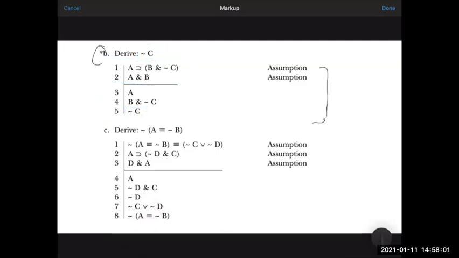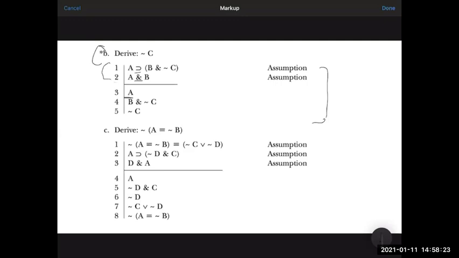So, okay, where in the world would this A come from? Well, if I look here at my premises, I see that there is actually an A in both premise 1 and premise 2. But by this point, maybe one of the first things you should do is isolate the main operator of each of those sentences.